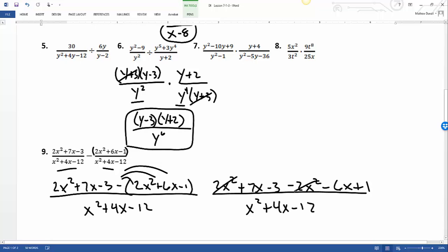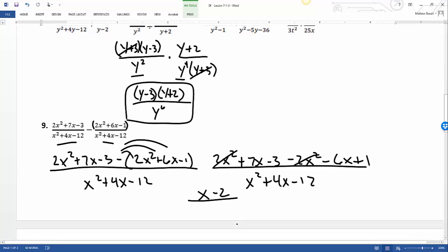So that cancels out. And then 7x and 6x is just x. Negative 3 plus 1 is minus 2. The bottom, this factors into x plus 6 and x minus 2. So I get 1 over x plus 6.